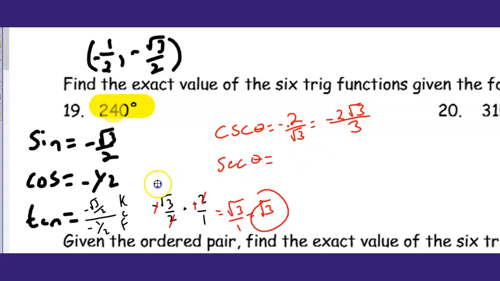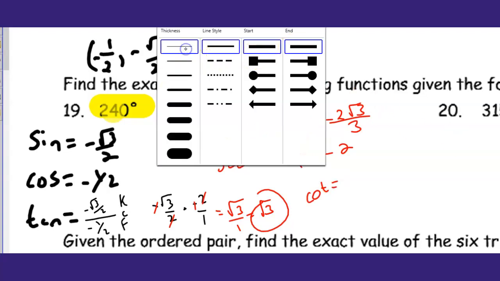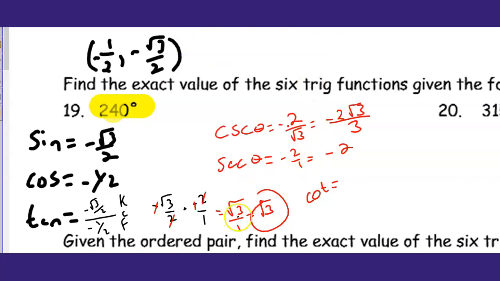Secant of theta is the inverse of cosine, so the inverse is -2 over 1, which is -2. And then lastly, cotangent, which is the inverse of tan. I'm going to go back and look right here.